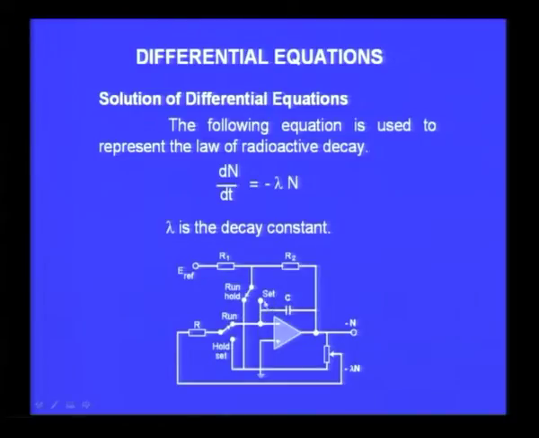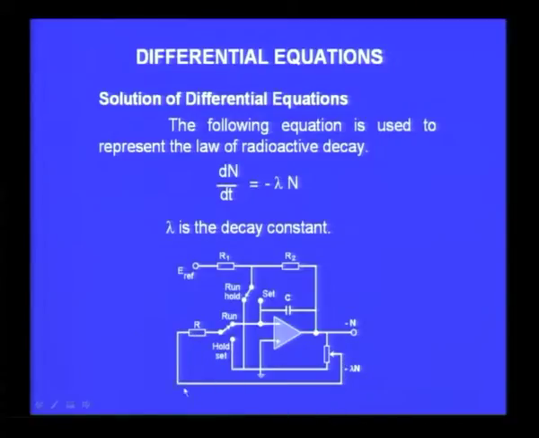We have already seen that, the product of RC, as well as some initial voltage on the capacitor, which can be adjusted using a reference voltage E reference, using this R1 R2 potential divider. Therefore, I can apply this, and thereby I will get minus lambda times the output voltage, if I use a potentiometer, minus lambda N, and apply it to the input here.